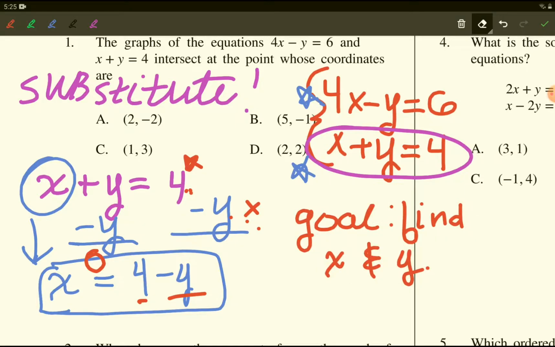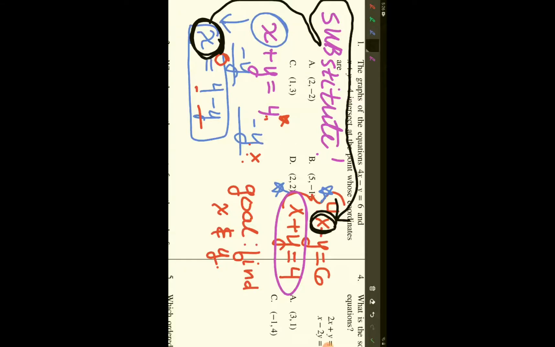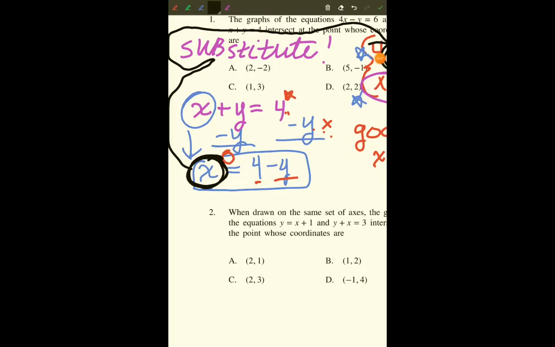Gosh, why aren't you erasing? So I'm going to rewrite the equation. I'm going to plug this into the other one. Go all the way. So now, go back.